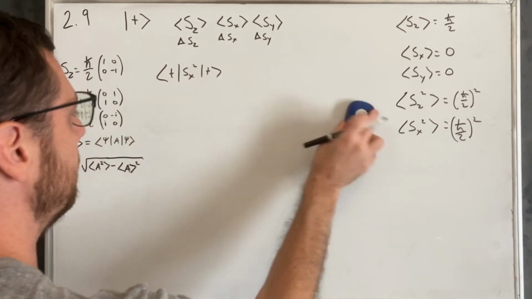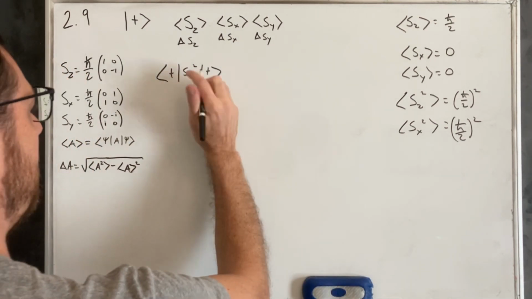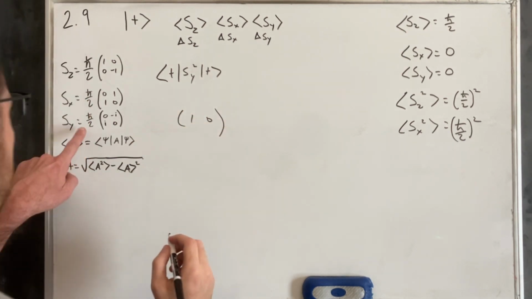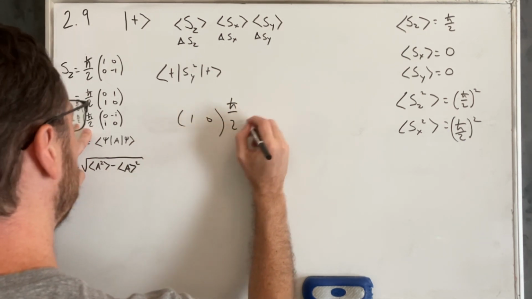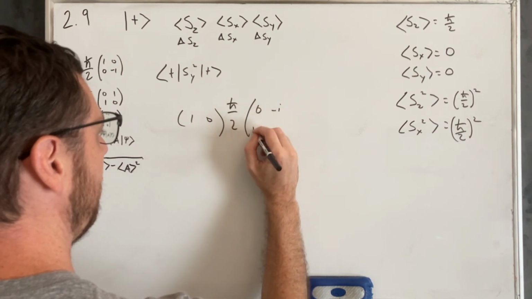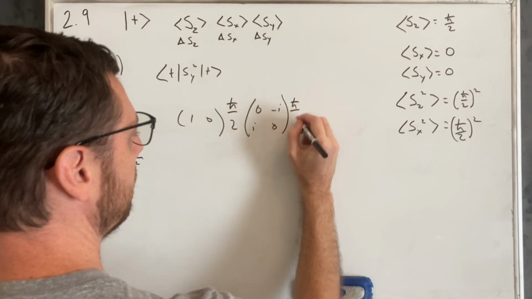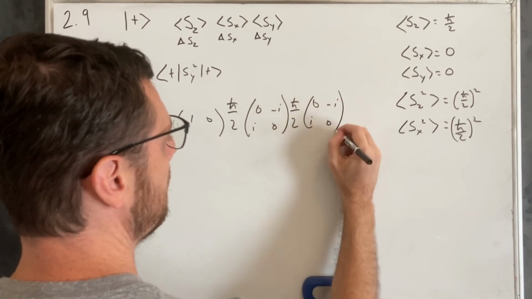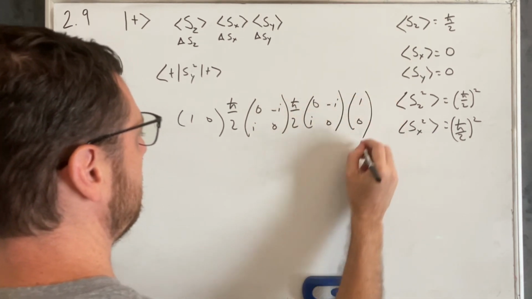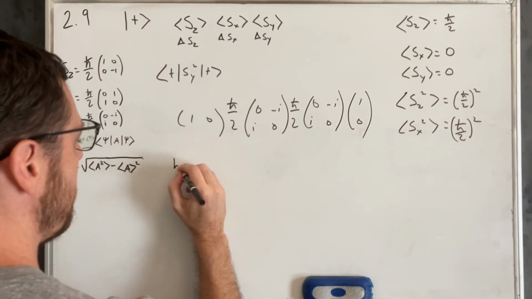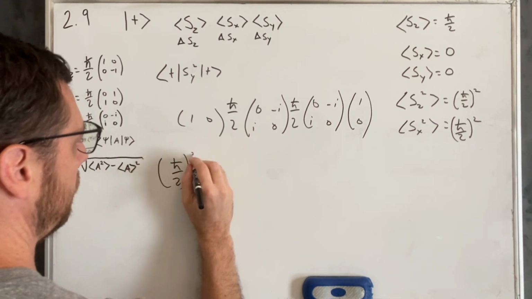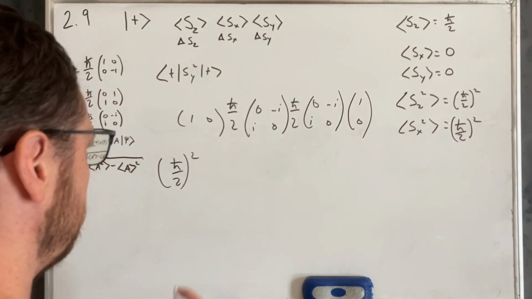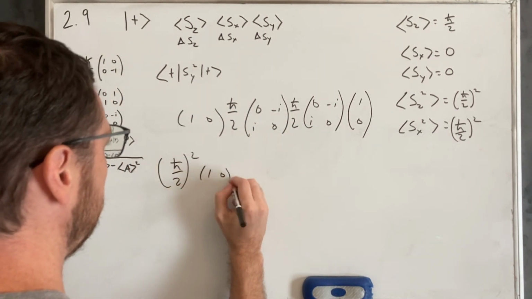And we write this here. This is going to be our SY operator now. So [1, 0], SY operator squared is h bar over 2, [0, negative i, i, 0], h bar over 2, [0, negative i, i, 0], and [1, 0]. All right, pull out this h bar over 2 squared. We can do our 2 by 2 matrices first. So let's keep this [1, 0] here.